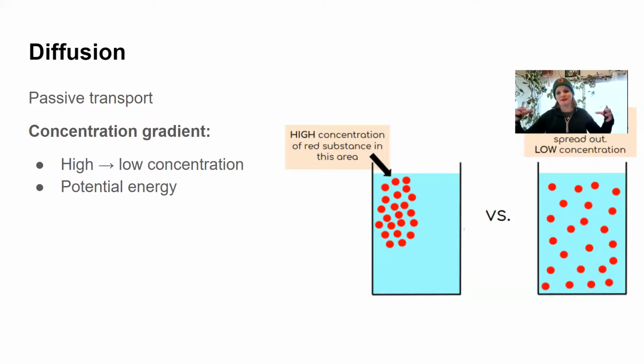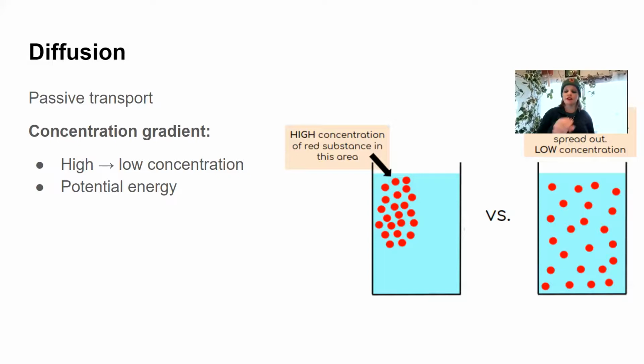And I wanted to diffuse and go toward an area where there was a lower concentration of people. And so maybe that's something that you guys can relate to, of being in a crowded area. You kind of want to give yourself a little bit of space. And that's the same concept that's going on here, that we're going from a high concentration to a more spread out low concentration.